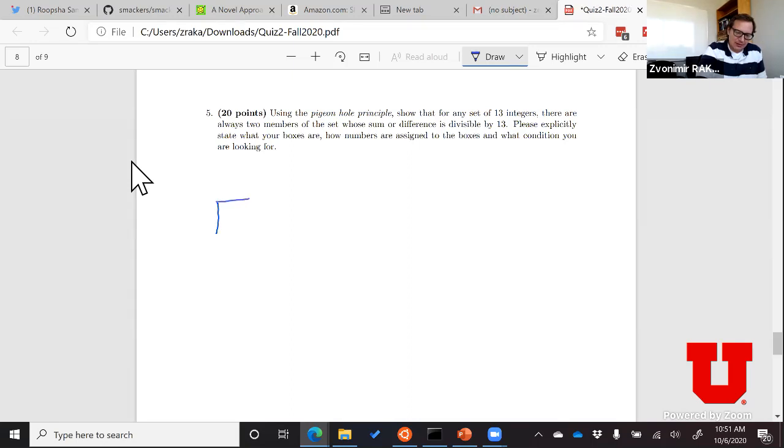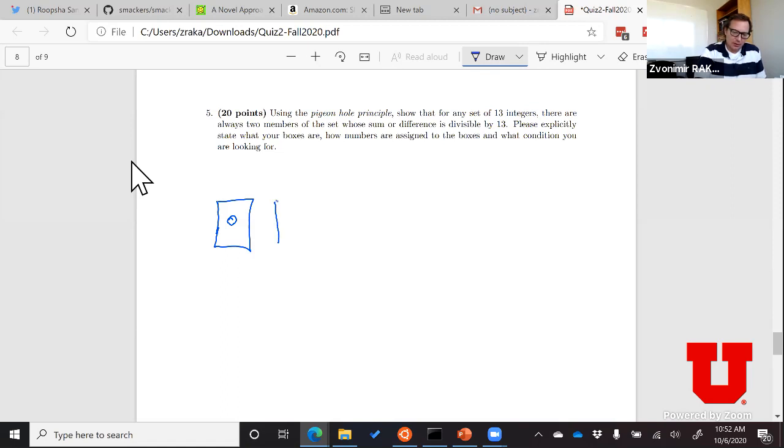You do it based on remainders. So in the first box, you put all numbers whose remainder when divided by 13 is 0.